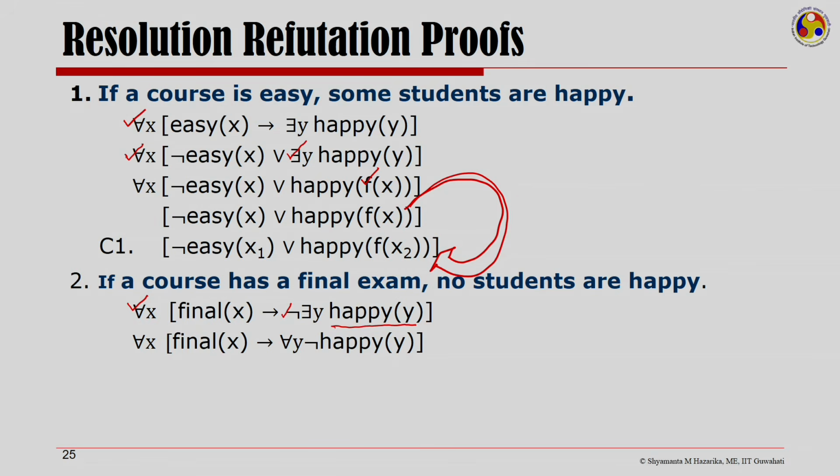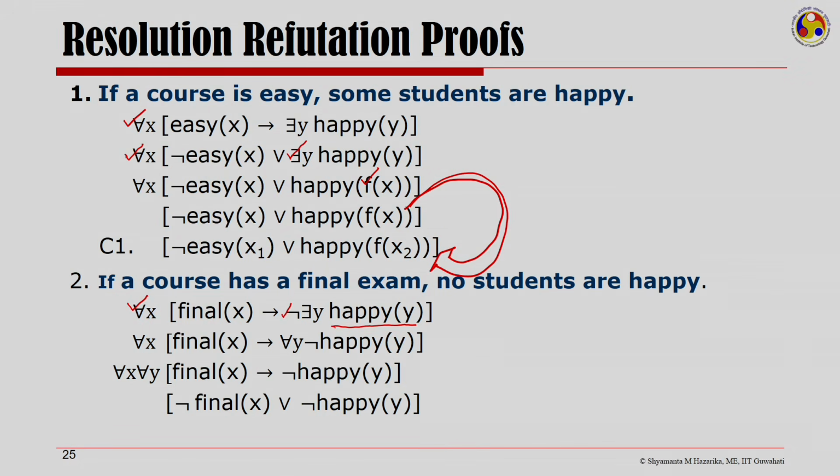Thereafter, we could eliminate the implication to write not final(x) or not happy(y), and all of the universal quantifiers are at the front. So, from this I generate my second clause, which is not final(x3) or not happy(y1). Remember, I have introduced new variables while writing clause 2.